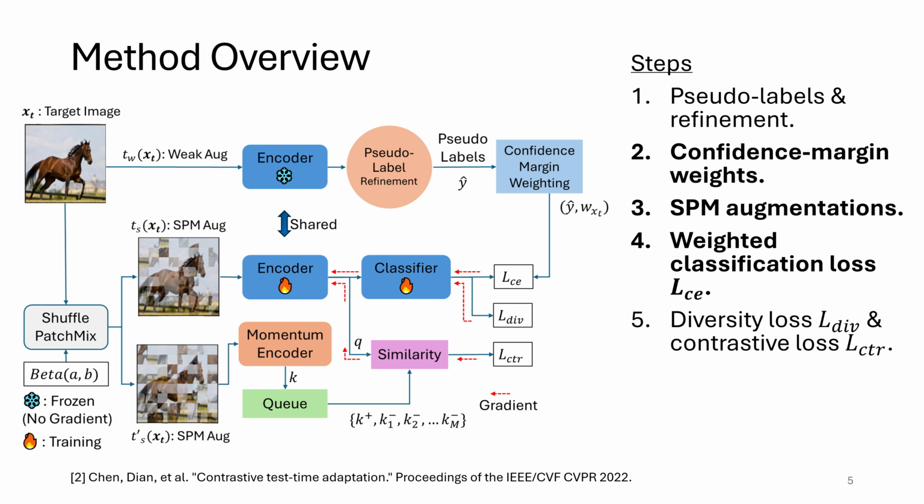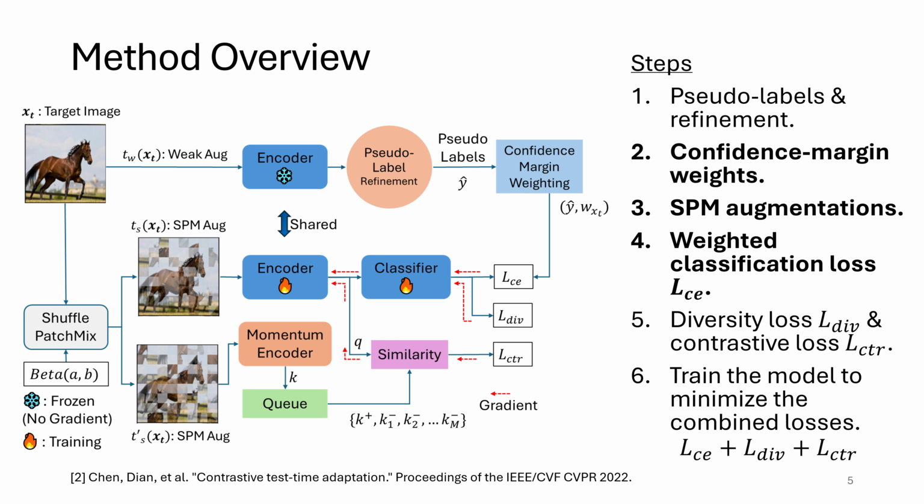The diversity loss is introduced to regularize training, and the contrastive loss is introduced to make the two SPM augmentations closer to each other while pushing other samples away. The final model is trained by minimizing the combination of these three losses. Our contributions are in bold.